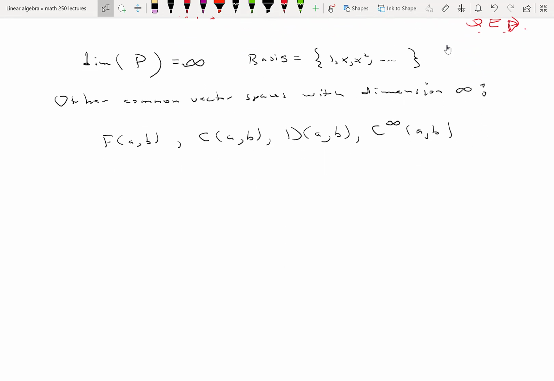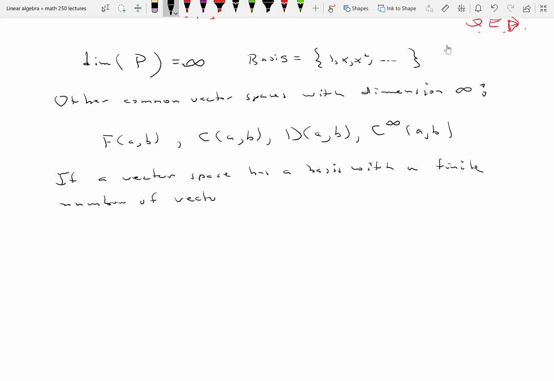Okay, so if a vector space has a basis with a finite number of vectors in it, it is called finite dimensional.